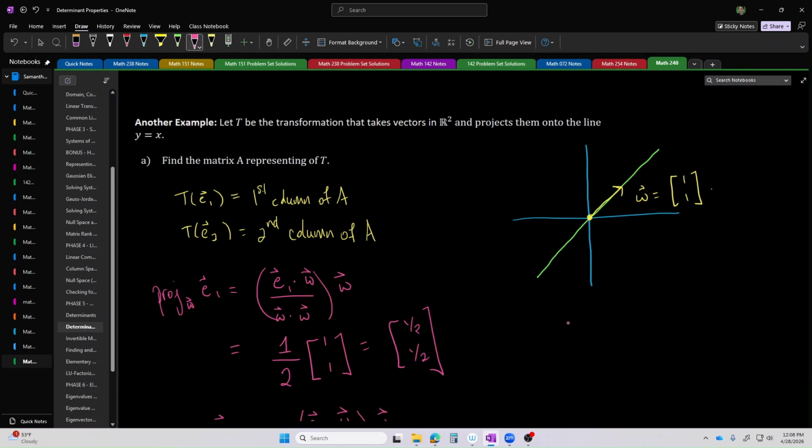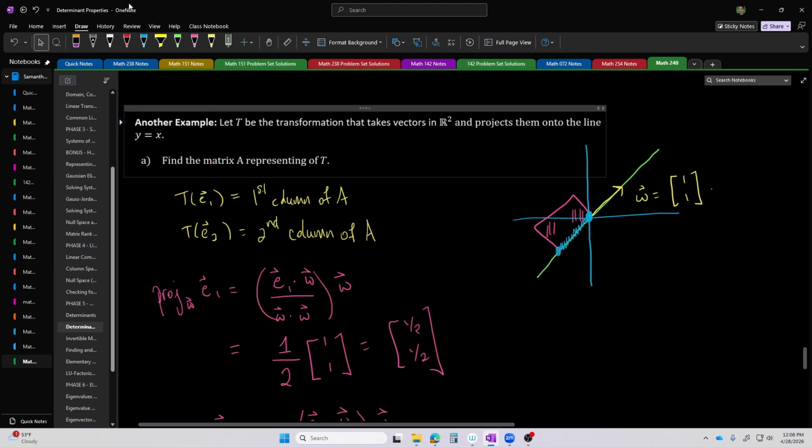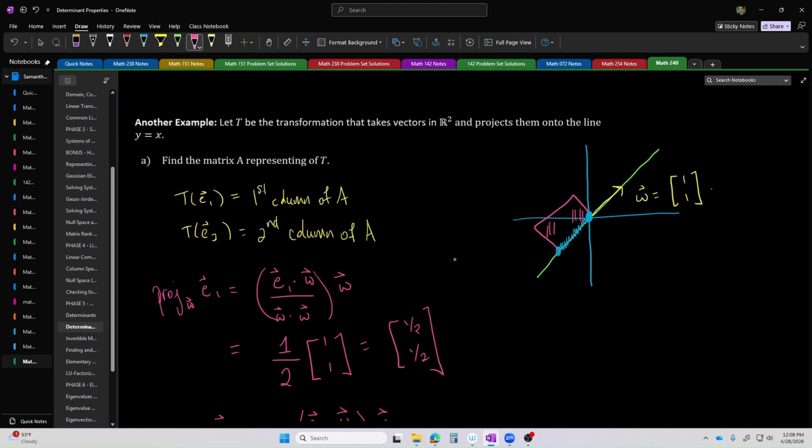If I start, for example, with a box or an object in two-dimensional space, and think about what that matrix will do to it, it is going to flatten that entire box and compress it onto this line. And so we lose all the information that is happening perpendicular to the line that we're projecting onto. Everything in this direction is lost.